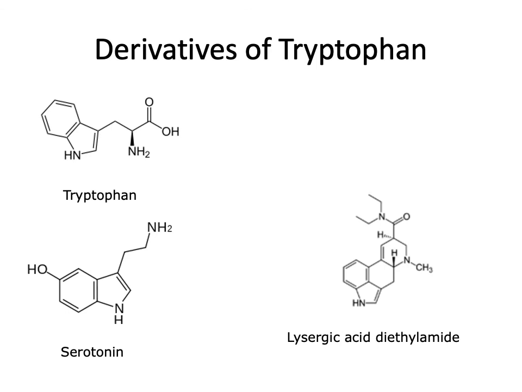Interestingly, it also interacts with dopa receptors, so it's very complicated. There are a number of serotonin receptors, and LSD binds to some of those and not others. Psilocybin is another naturally occurring compound that is also a tryptophan analog, which interacts with serotonin receptors.